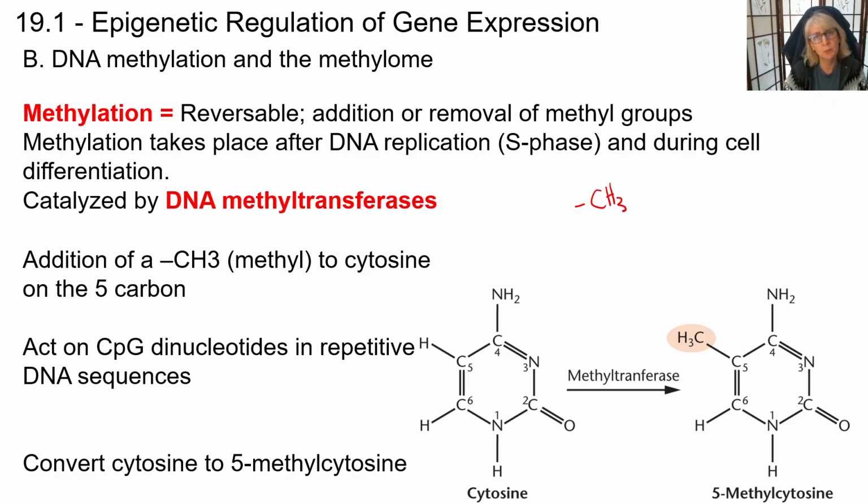We also see removal of methyl tags as cells differentiate. As a cell goes through the process of becoming a new type of cell, maybe you start out with a stem cell that gives rise to many different kinds of cells. Those descendant cells that come from the progenitor, the parent cell, might have different methyl tags, or have had their methyl tags removed compared to the parent.